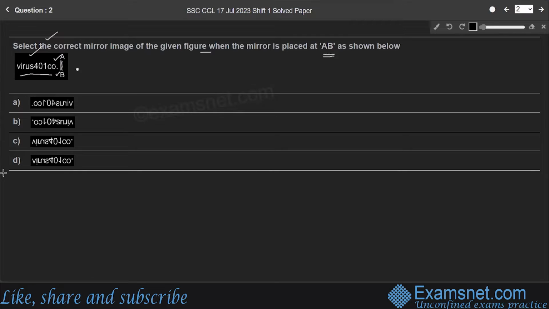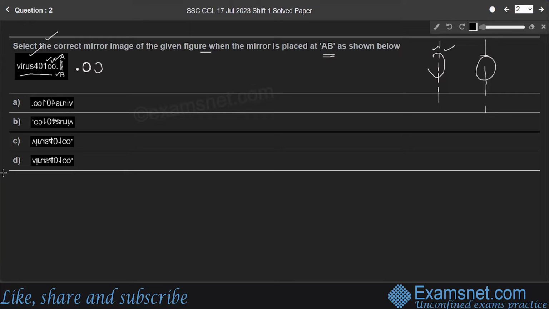Followed by O. Since O is a symmetrical letter, the image of O is exactly the same as the original one. C is not the symmetrical one. Symmetrical means when an imaginary line passes through the midpoint of the figure or element, it should cut the figure into two equal parts. So C is not symmetrical, whereas O is a symmetrical figure, right?